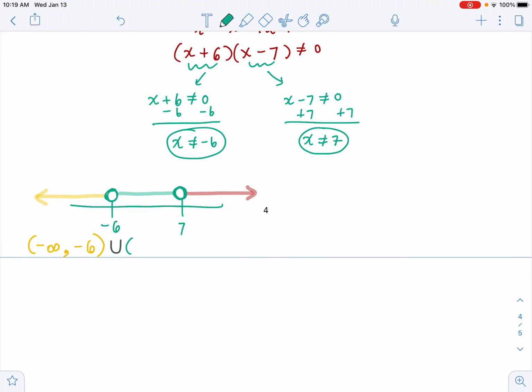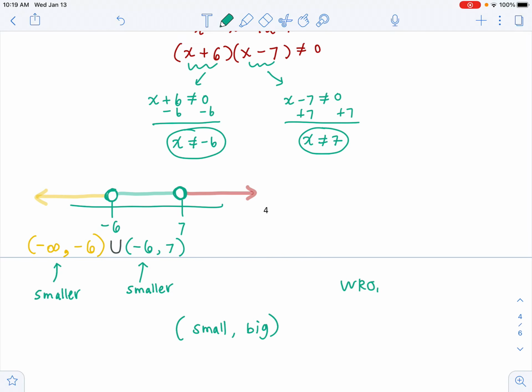The one in the middle starts from negative 6 and then 7. Whenever you're writing the interval notation, make sure the smaller quantity is on the left. Negative 6 is smaller than 7, right? Negative infinity is smaller than negative 6. So make sure to put the small and the bigger when you are writing the interval notation.